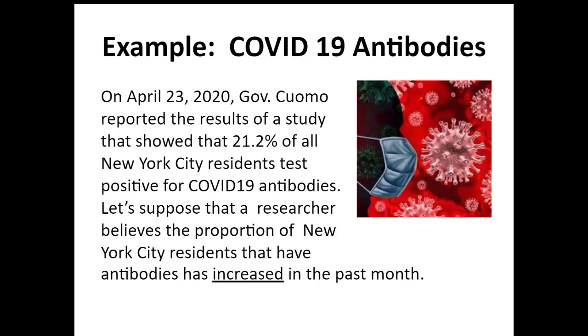Let's suppose that a researcher believes that the proportion of New York City residents that have antibodies for COVID has increased in the past month. Okay, so here it's saying that on April 23rd, this was the proportion. And the researcher wants to know if that's increased. So this is a good time to pause the video and think to yourself, what's the null and what's the alternative?